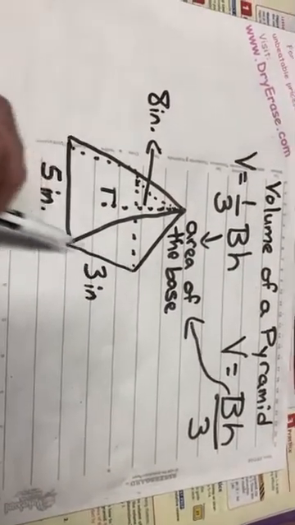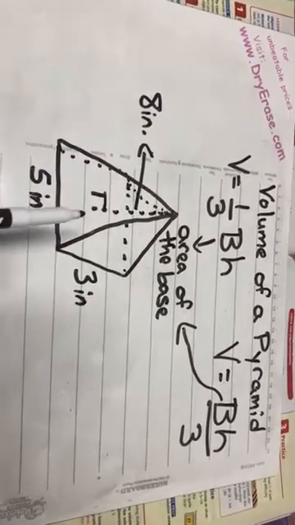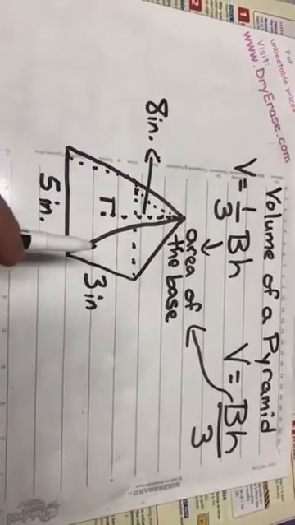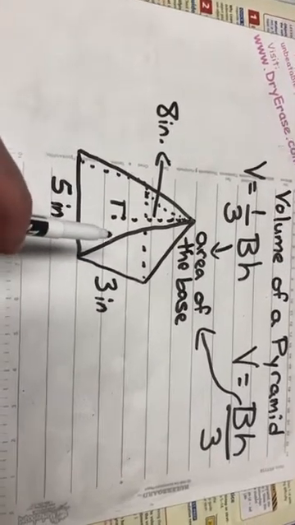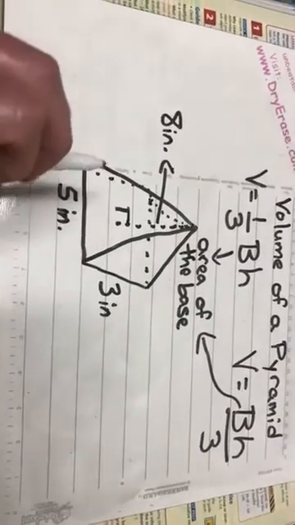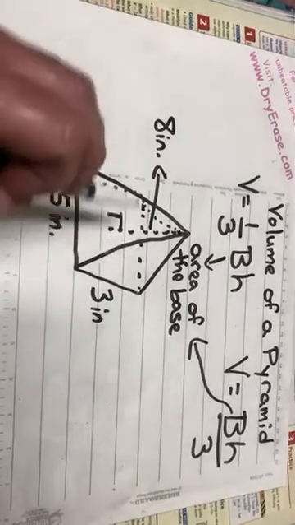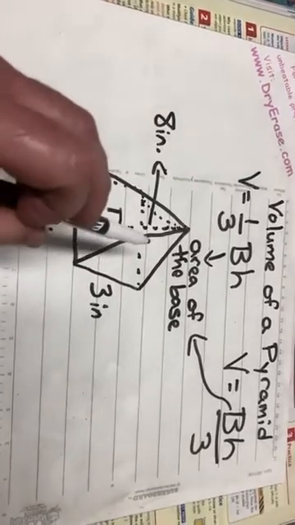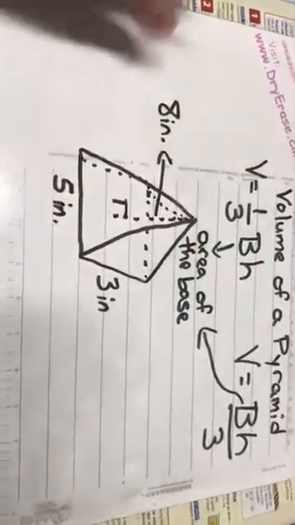So for example, in this rectangle, which we're going to work to find the volume of momentarily, I would find the area of the base by doing 5 times 3, because I can see that it's a rectangle based on the dimensions. I have a 5 here, a 5 here, a 3 here, and a 3 here. That shows me that that is a rectangle.